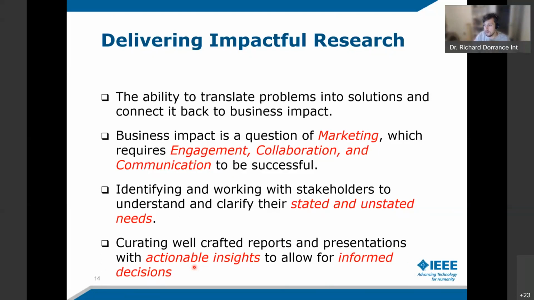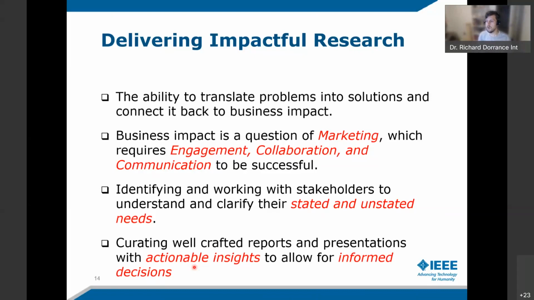If you have the best solution in the world, but you can't explain it, no one's going to be able to buy it and sell it. And I also think, in terms of doing your research, if you can't explain the problem and the solution in a couple of minutes to a layman, you maybe don't understand the problem or the solution as well as you should.